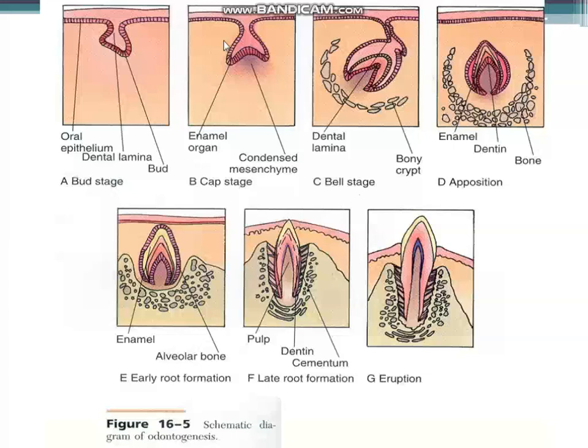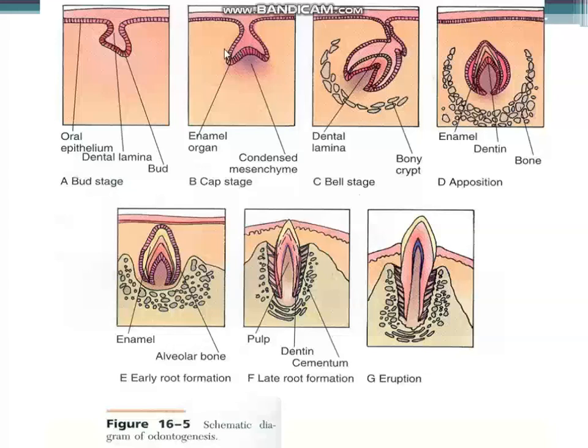When the cusp formation in response to signaling molecules will start, then the cells of the enamel knot will move towards those cusps, and in their place will develop secondary enamel knots, and so the future cusps will develop.